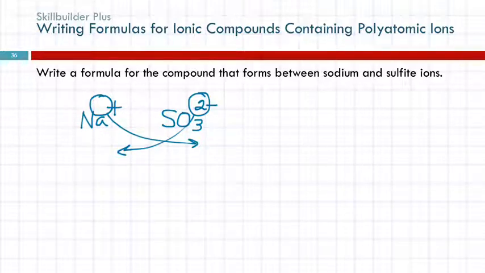So we can crisscross. We get Na2SO3. 2 sodium ions, 1 sulfite ion. I don't need parentheses here because this is not a polyatomic ion. It's not a package deal. It's just an individual monatomic ion. Any questions?